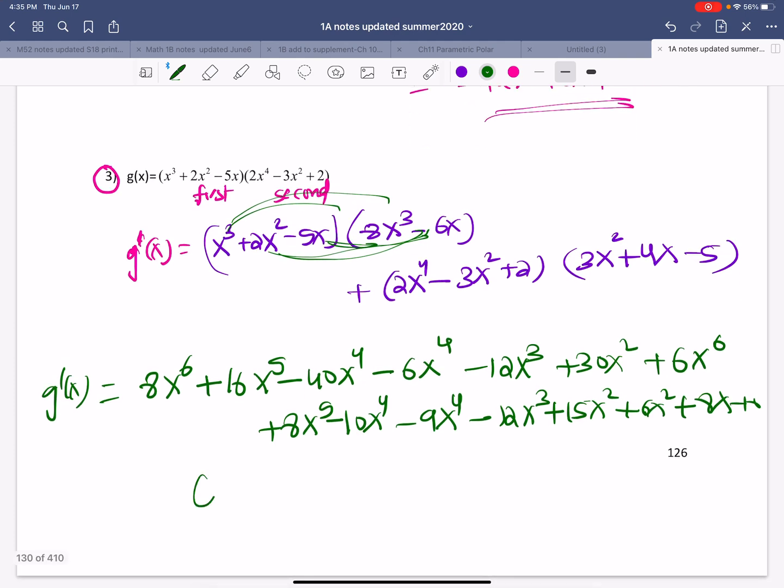And I would leave it up to you to combine the like terms. Normally, I would say that you can leave it in this form, and I would say do not multiply further because it's very time consuming to multiply trinomials and trinomials.